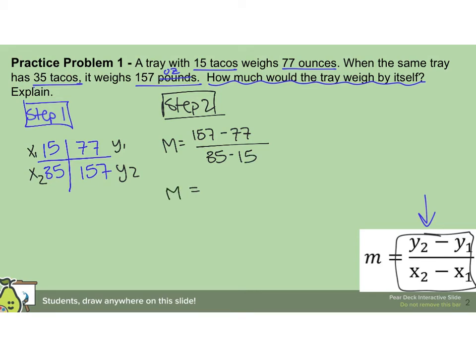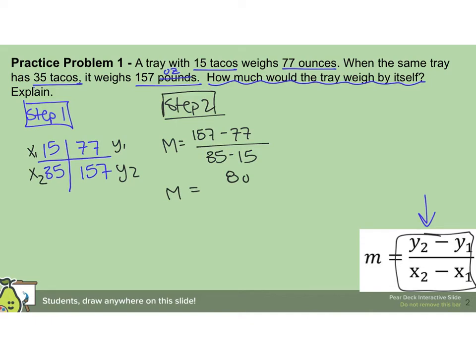So when I subtract 157 minus 77, oh no, it's going to be positive, sorry. Gives me 80. That is positive.